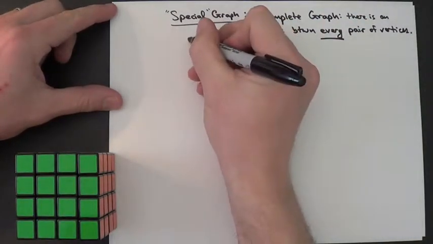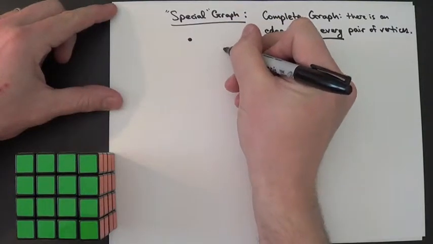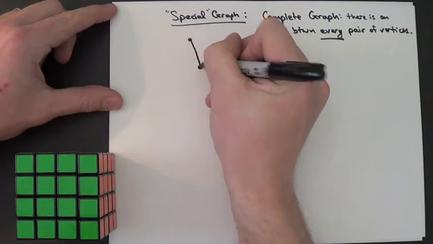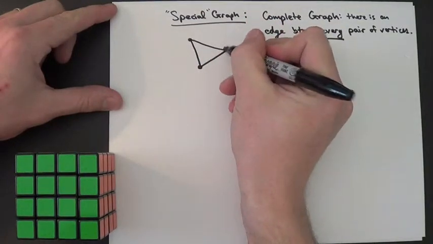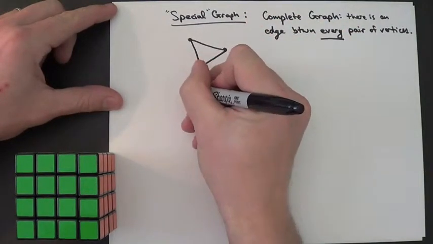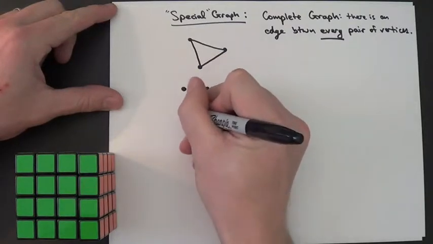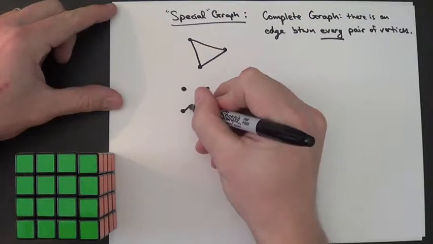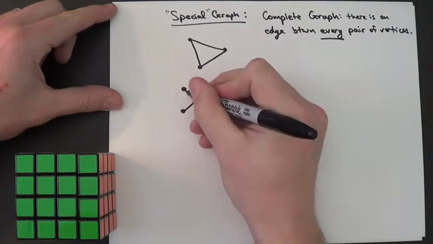So, complete graphs, if we have, say, 3 vertices, are really simple. A complete graph with 4 vertices, again, pretty straightforward. Where it gets complicated is where we add vertices, of course.